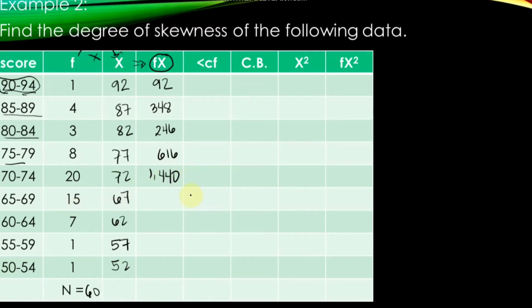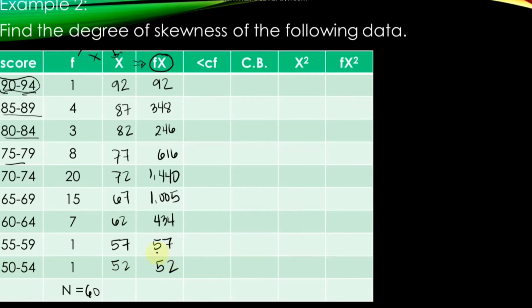Then 15 times 67 is 1005. 7 times 62 is 434. Then 1 times 57 is 57, and 1 times 52 is 52.